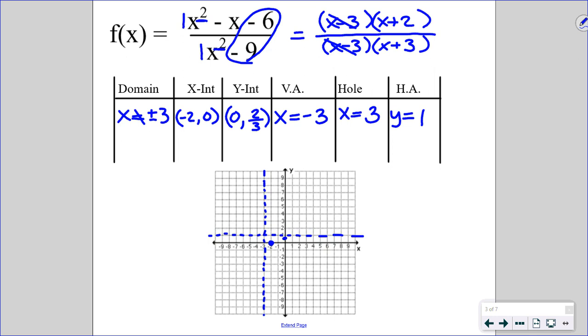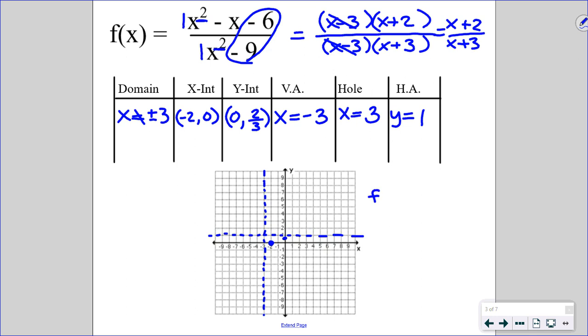Now, if I wanted to find the actual ordered pair where the hole occurs, I'd have to find f of 3. So I'd have to plug in 3 for x into, excuse me, the simplified version. Because if I don't, I'm going to get 0 over 0, which was about to happen.